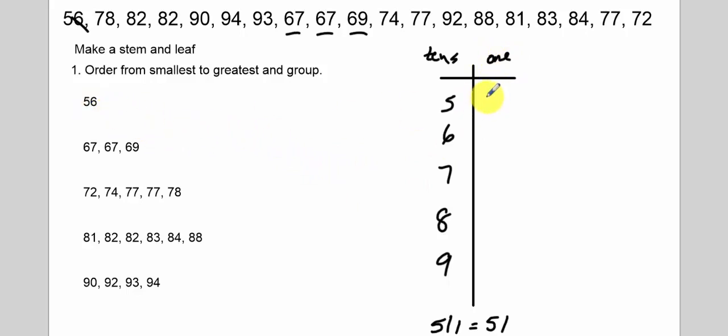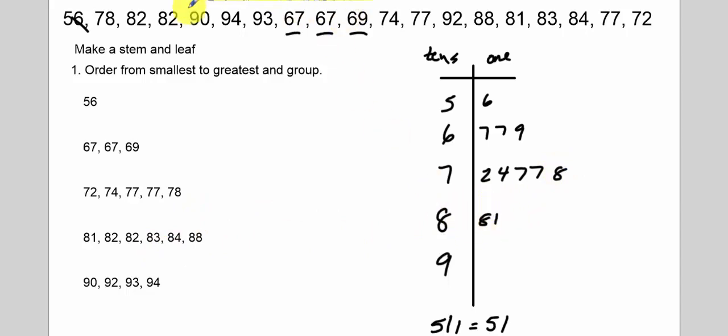I have a 56, so there's a ones digit of a 6, and I only have one number in that 50 to 60 range. From 60 to 70, I have three numbers: two 67s and a 69. From the 70 to 80 range, I have a 72, a 74, two 77s, and a 78. Over here, I've got an 81.